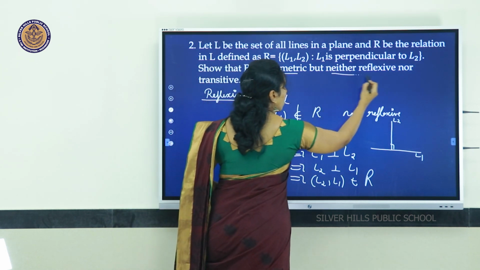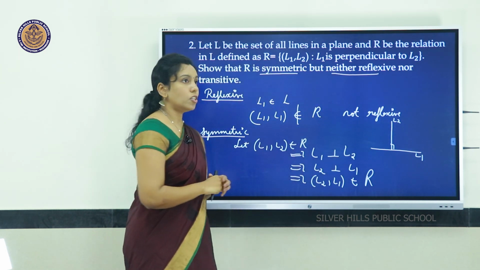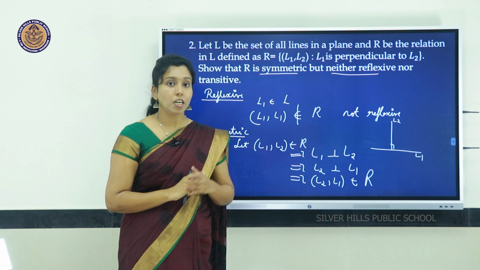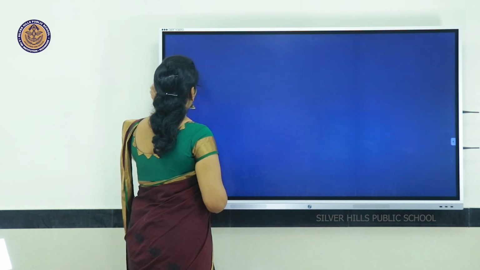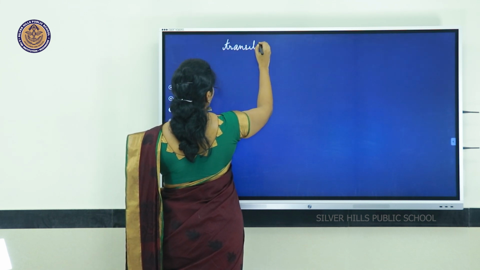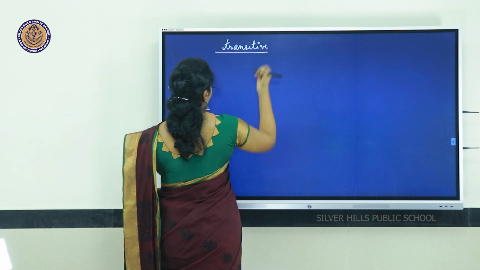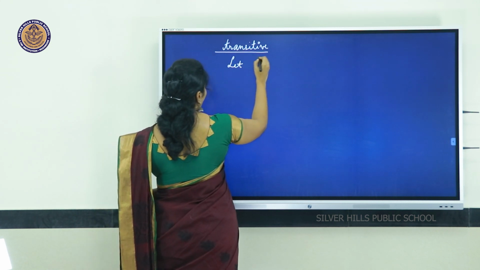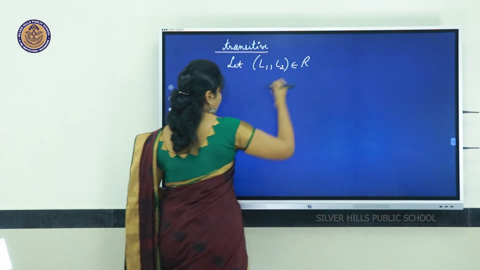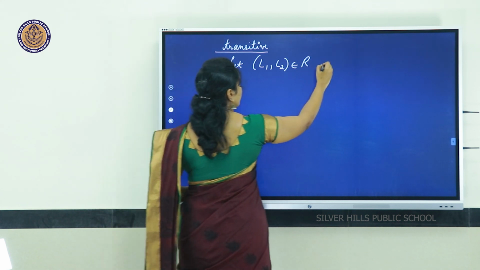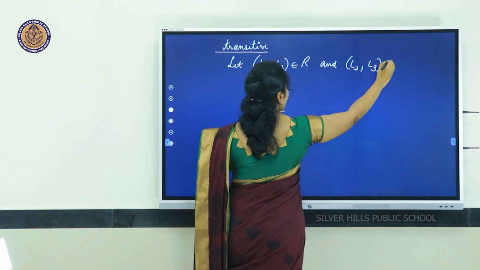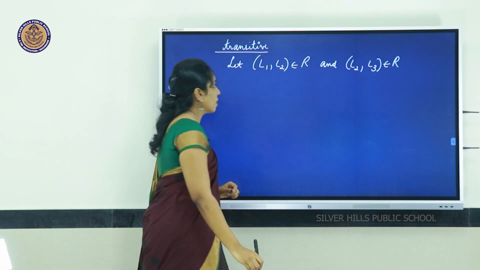We proved it is not reflexive, and one more thing we need to prove, that it is not transitive. For that, how many pairs we need to consider? 2 pairs. Let L1, L2 belong to R and L2, some L3 belong to R. So that is a connection.